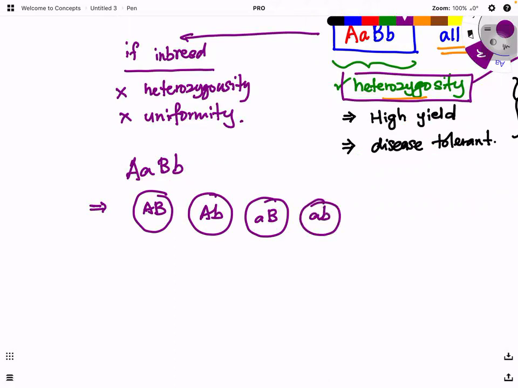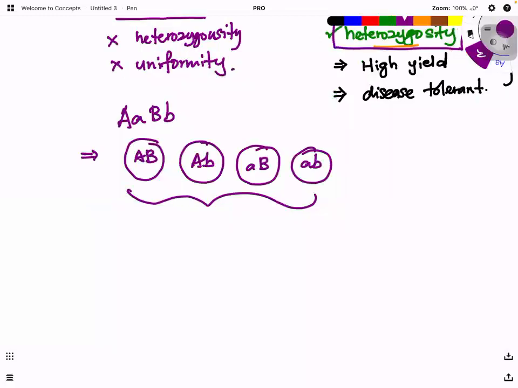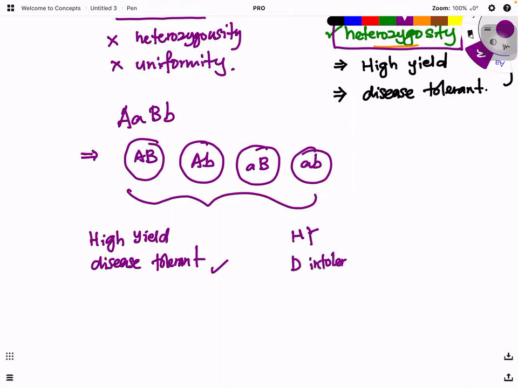So if you allow inbreeding, you choose 2 and combine, you're going to get a variety of high yield, disease tolerant. This is good. But you may get a high yield, but disease intolerant. Or you may get low yield, disease tolerant.